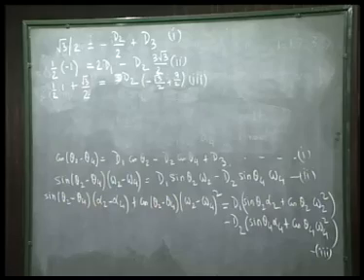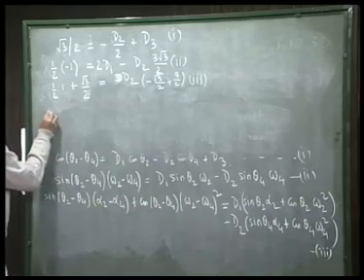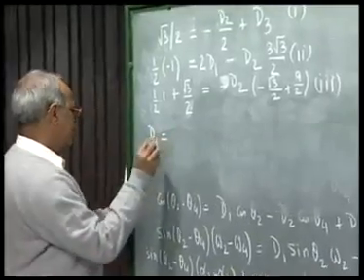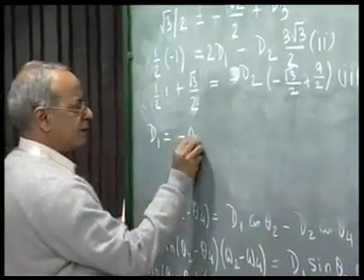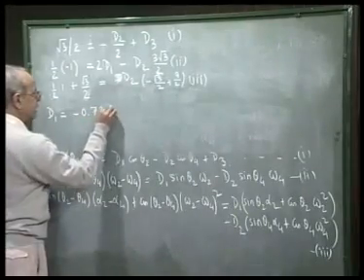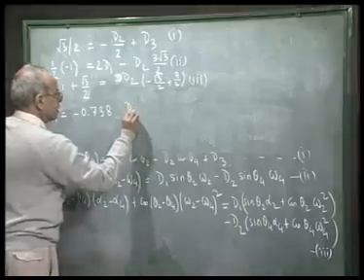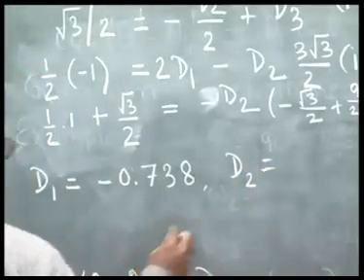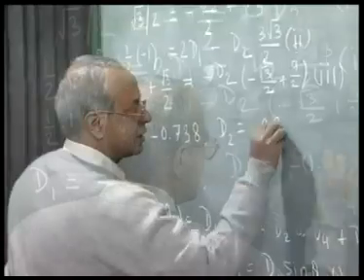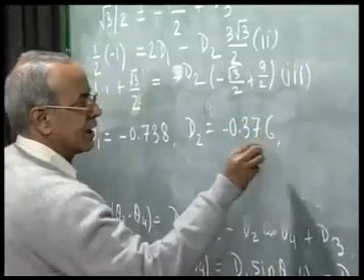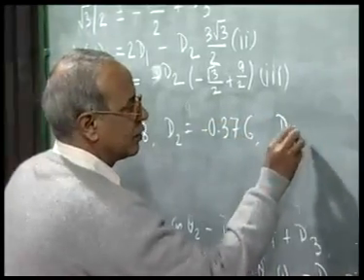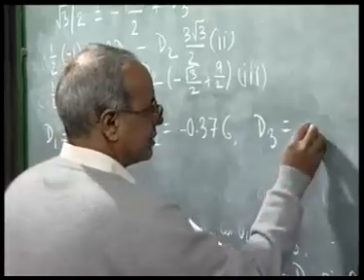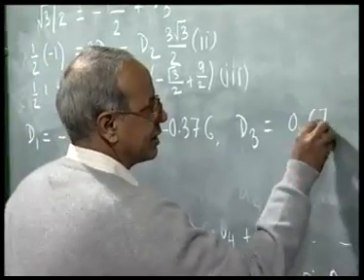If we do the algebra, we will get for this particular set, d1 is minus 0.738, d2 is minus 0.376 and d3 is 0.678.